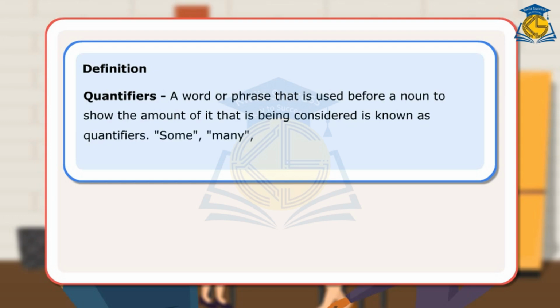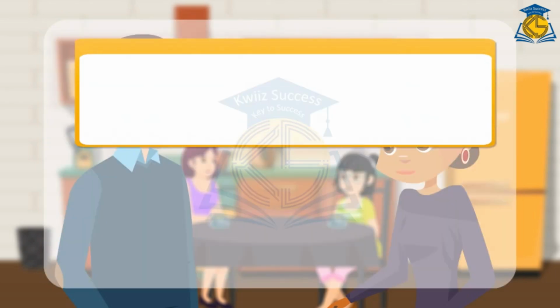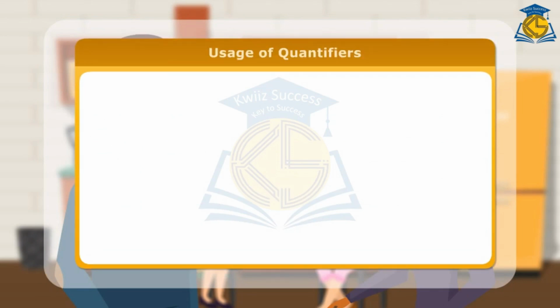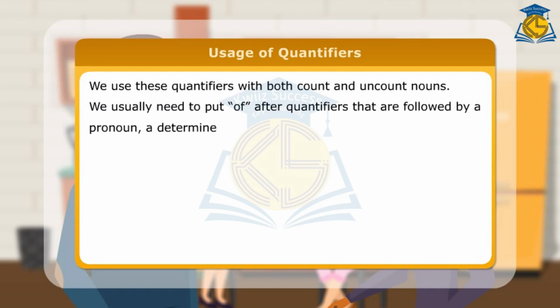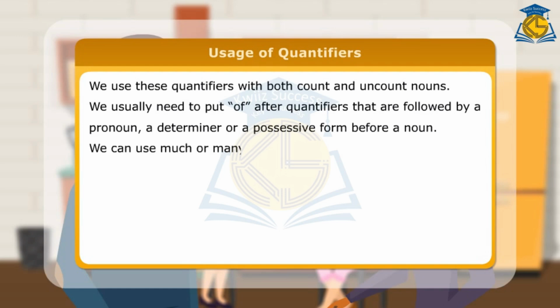Some, many, a lot of, and a few are examples of quantifiers. Usage of quantifiers. We use these quantifiers with both count and uncount nouns. We usually need to put of after quantifiers that are followed by a pronoun, a determiner, or a possessive form before a noun. We can use much or many with this and that.